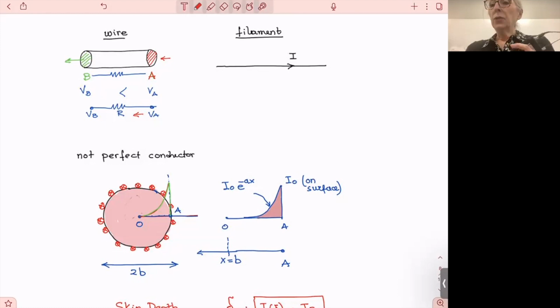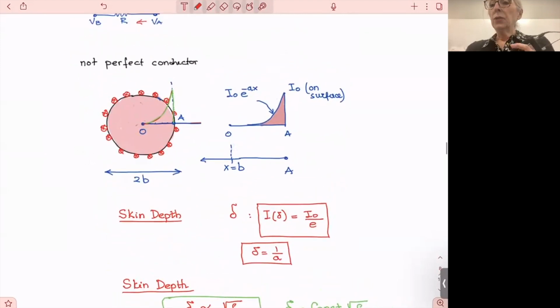And what that means, since it's very large but not infinite, is that instead of all of the charges and the currents being on the surface of the conductor, there is a small current that flows inside the conductor. And how it flows inside, you can see it here.